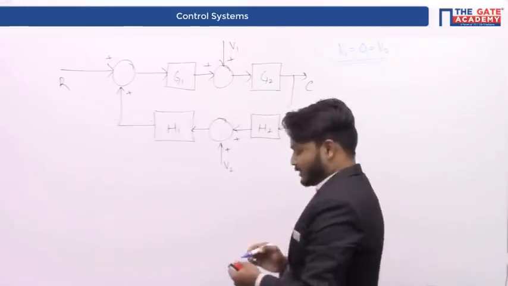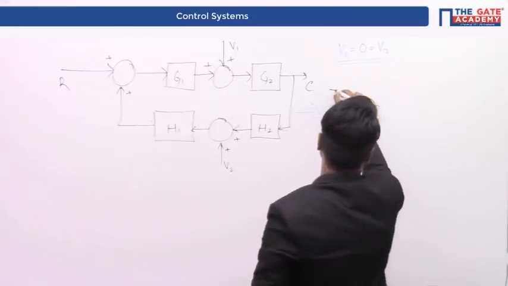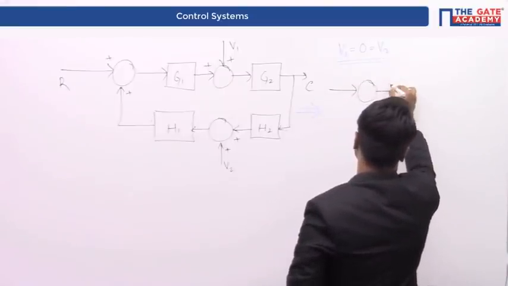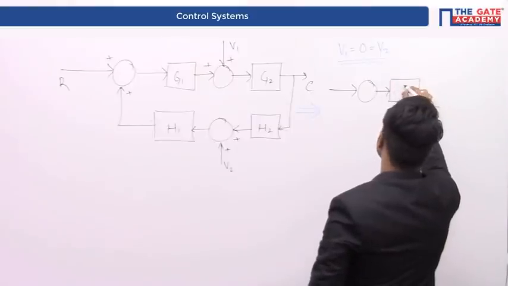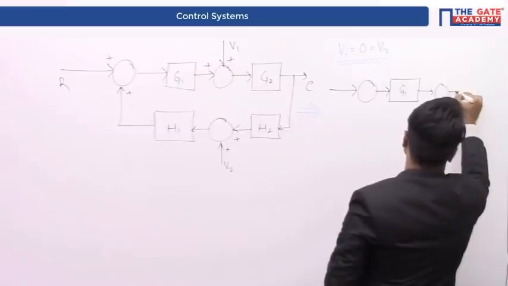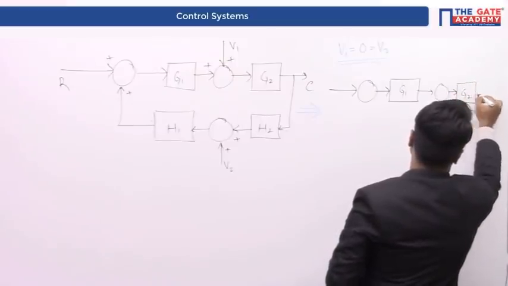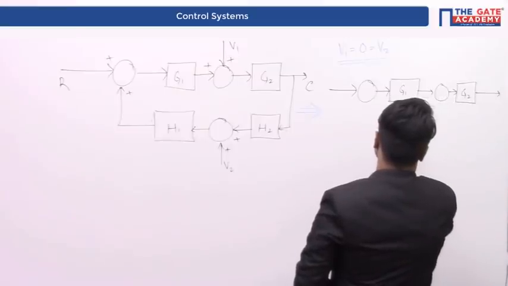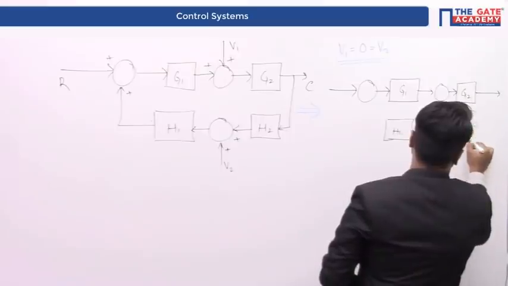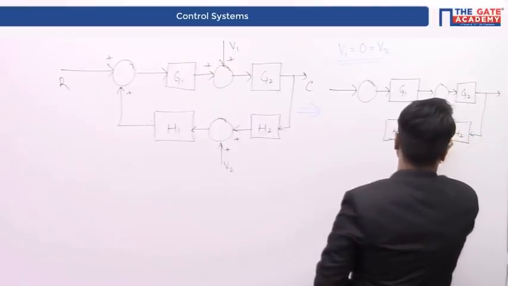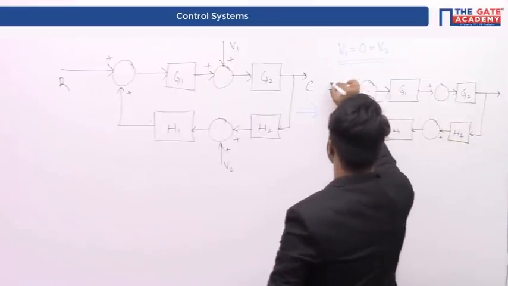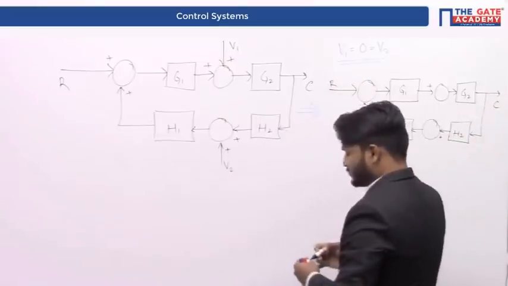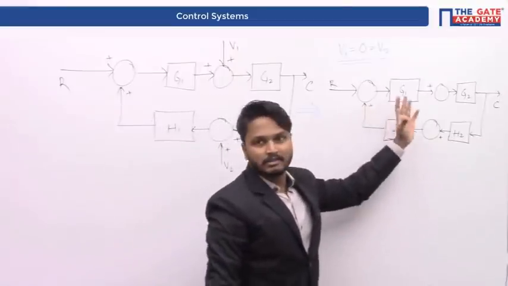So this will turn like this. You see, if I nullify V1 and V2, the resultant system is this.